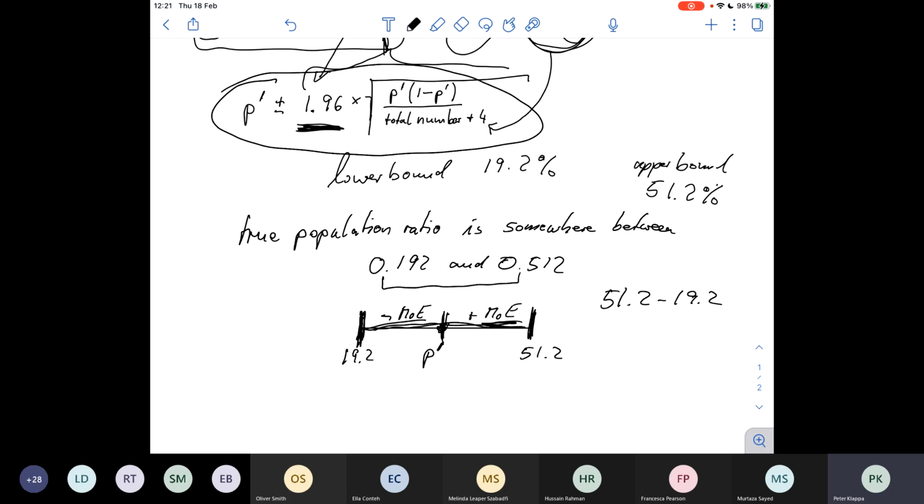What's 51.2 minus 19.2? Anyone? 32, thank you very much. So this whole bit is 32.